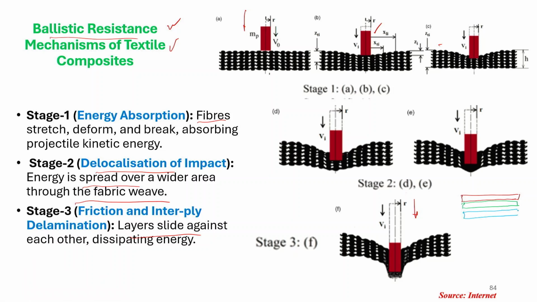These are different layers, and when there is impact, due to the weave structure and fiber stretching, the energy is absorbed. But if the impact force is very high, then the layers will start sliding past each other. So, delamination will be there.